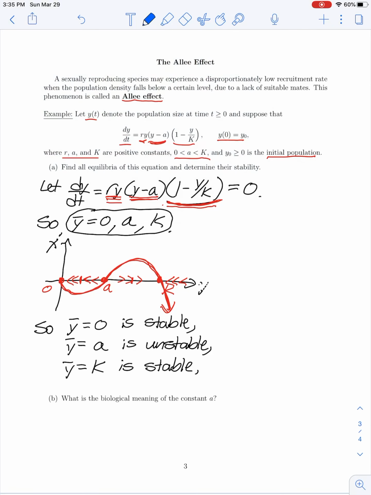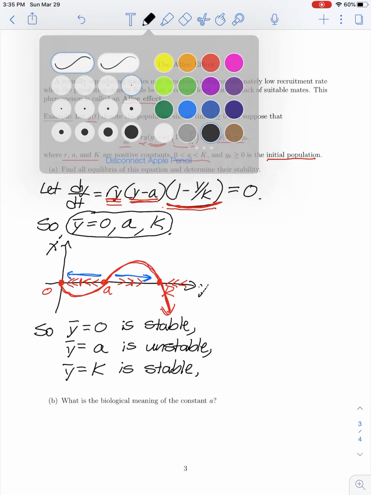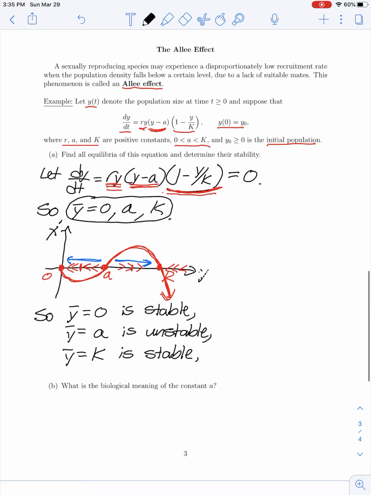So in part B of this example, we're asked, what is the biological meaning of this constant a? We can see from our phase line diagram that a is a critical threshold population. If our population ever falls below that value of a, then our solutions are approaching 0. And if the population size is above a, then our solutions will approach this carrying capacity.